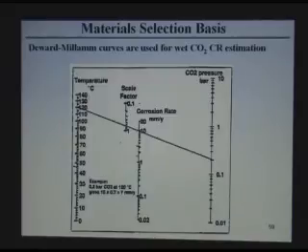And there are so many factors affecting CO2 corrosion other than temperature and CO2 partial pressure. For example, oil-gas ratio, the water content, water-gas content, pH, so many factors affect wet CO2 corrosion.